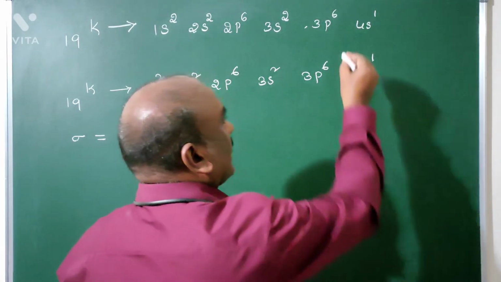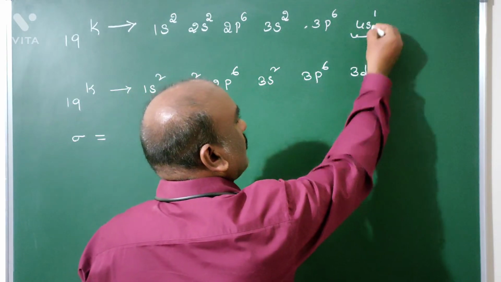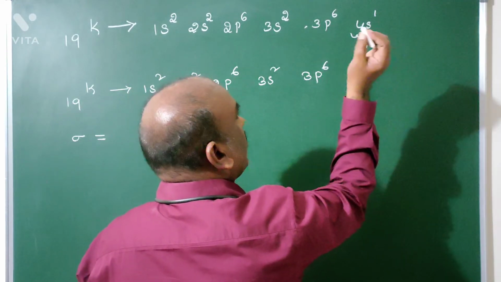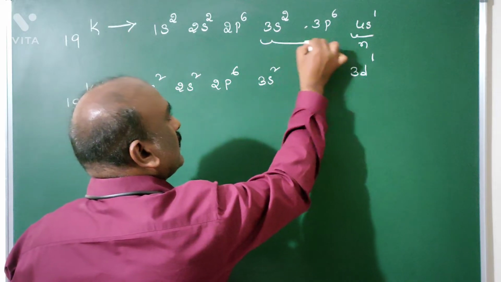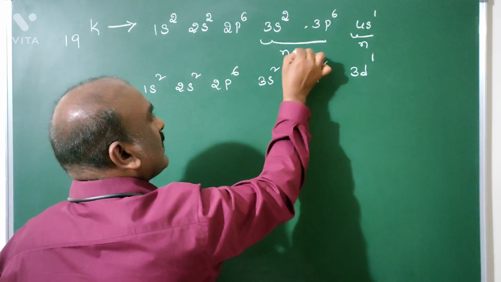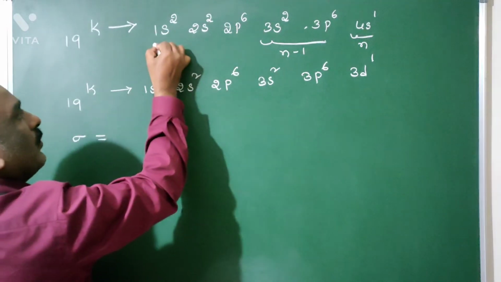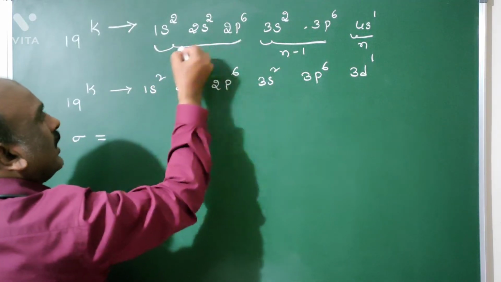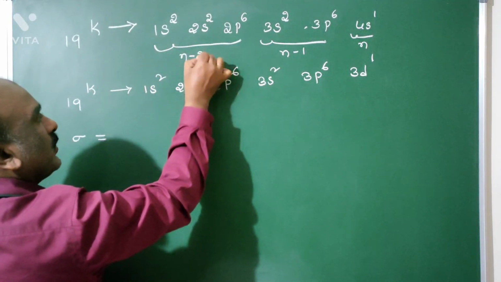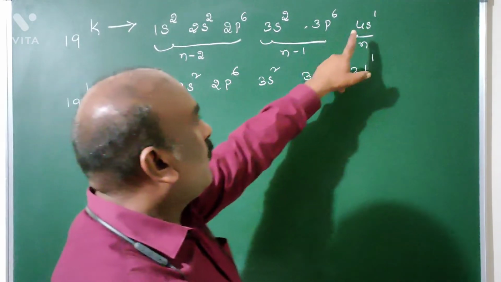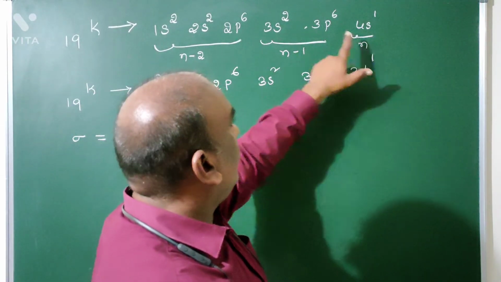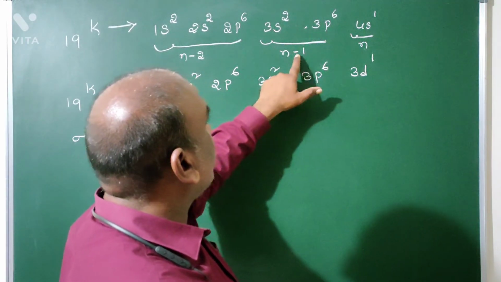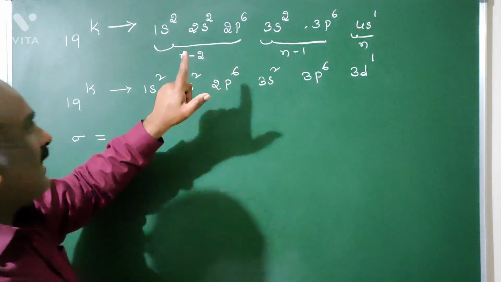The 4s subshell is the nth subshell. Next, the third is the n minus 1 subshell. Next, 1s2, 2s2, 2p all are n minus 2. In this case, the fourth orbit is the nth orbit, the third orbit is n minus 1, and the remaining are n minus 2 electrons.